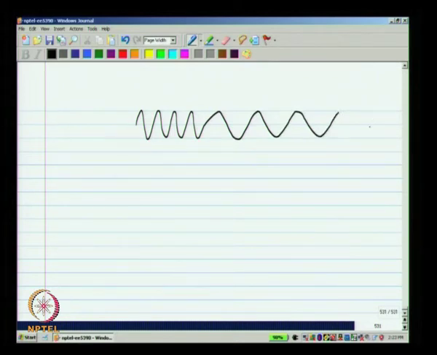In this particular case, I have drawn 4 periods of the sine wave with a high frequency and 4 more periods with a lower frequency. And this is a sinusoid.